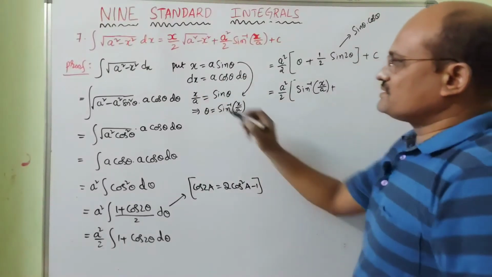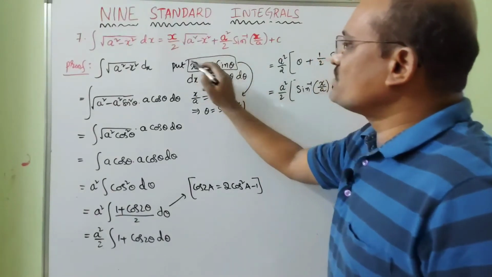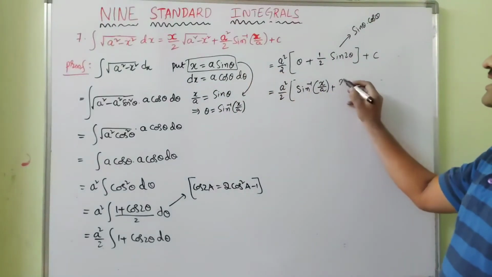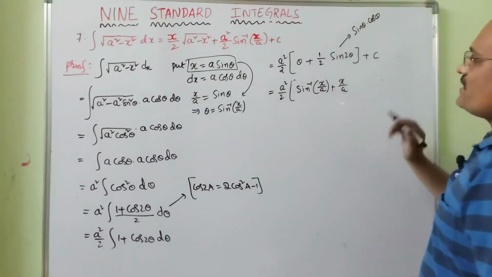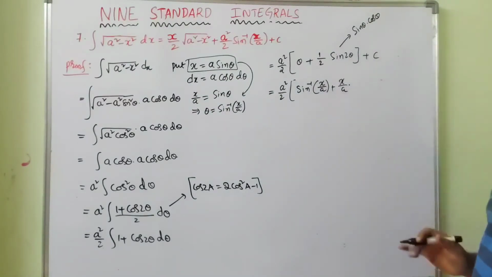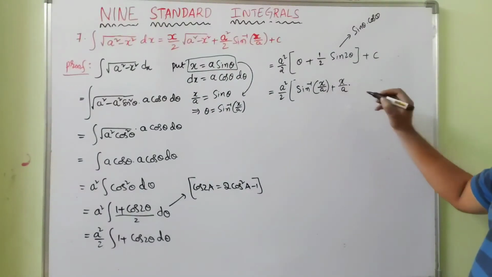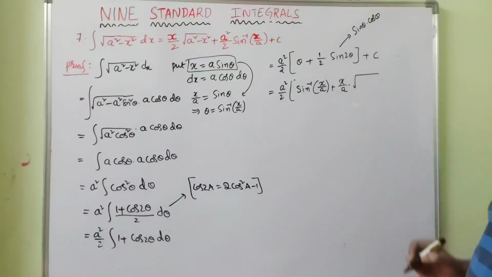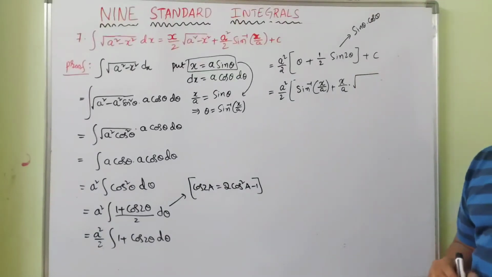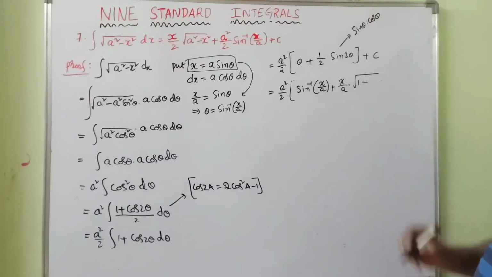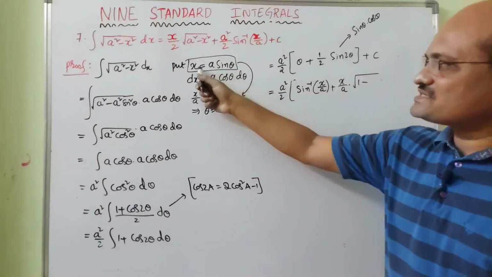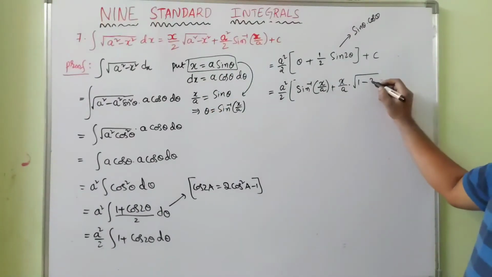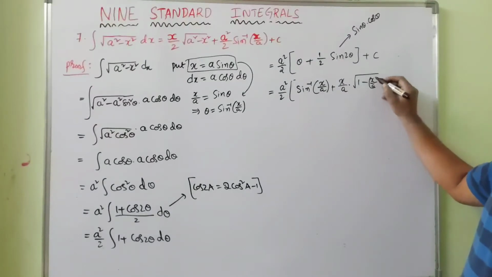From our substitution we can write sin theta as x by a. Now cos, how to write cos? Cos can be written as root of 1 minus sin square theta. So sin theta is x by a, so sin square theta is x by a whole square plus c.